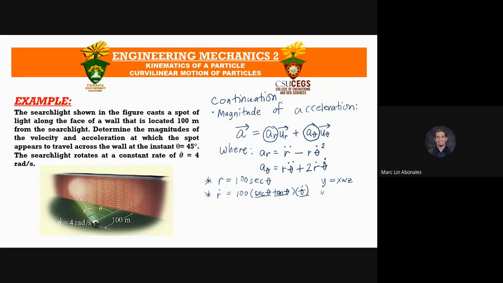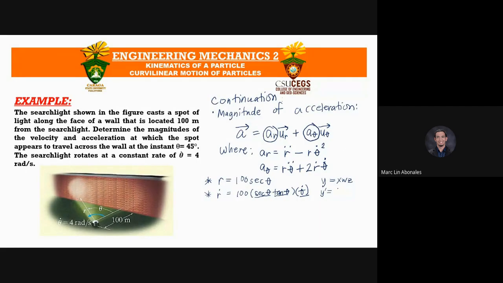So this is what we call triple product rule, or you can apply this if ever three or more variables ang imong multiply.